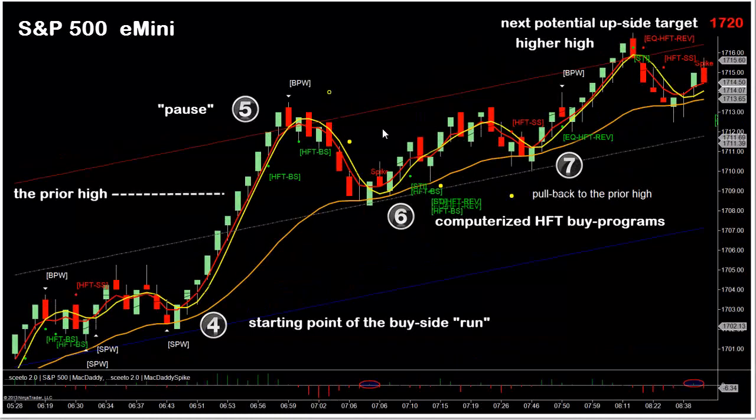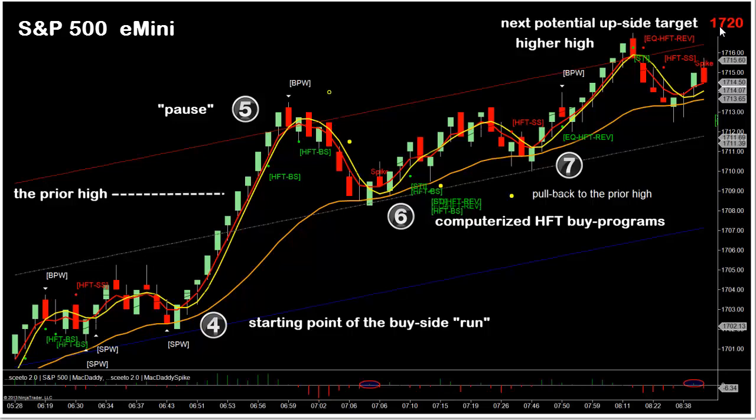On the pullback to the prior day's high, the computerized buy programs once again began to execute orders and the S&P traded back up to 1713 and went on to auction up to 1717, just shy of the next potential upside target at 1720.